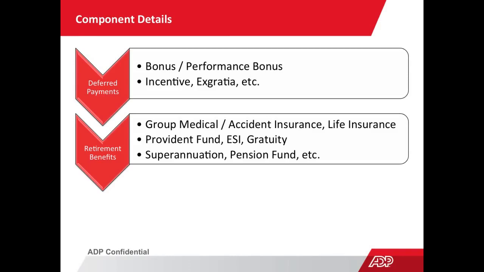Based on that, the payments will be released. And there are certain payments paid on behalf of the employee to the government account or social security benefits account. Then there are certain benefits provided to an employee where a small amount of value is included or considered while computing the cost to company.